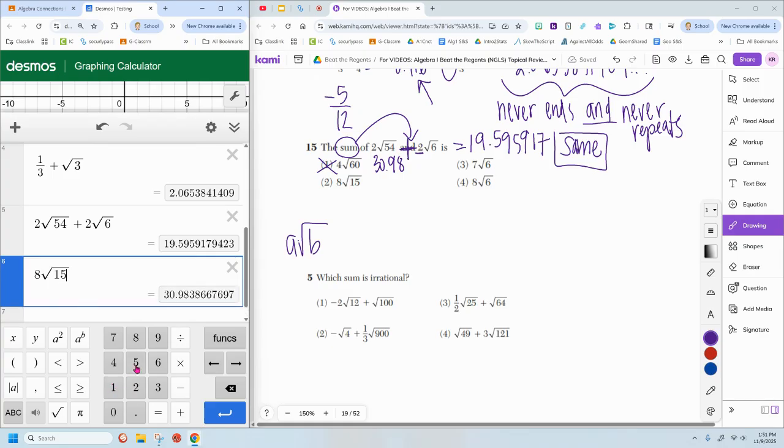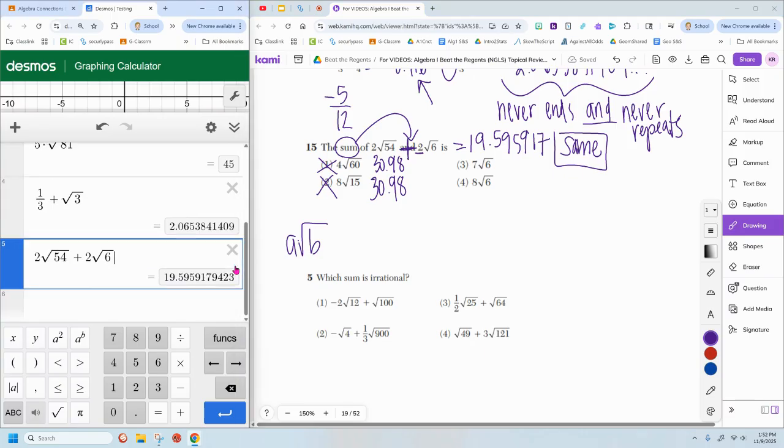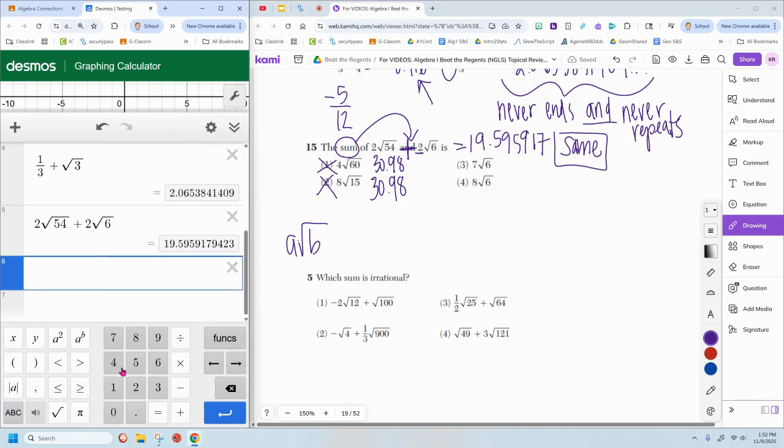Not that one either. It is the same as the one above it, though. That's kind of interesting. Now I have 7 radical 6 or 6 radical 6. So 7 radical 6. Nope, that's not going to be it. And so I'm just going to go back in here and edit, and it's 8 radical 6 is the correct answer. So which one is the sum, the total of those two?